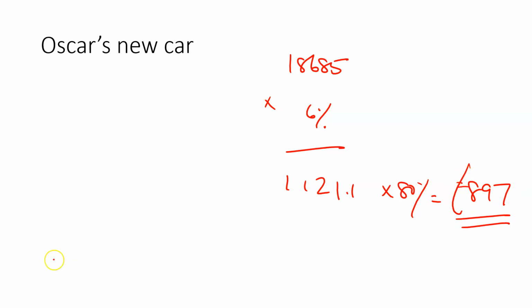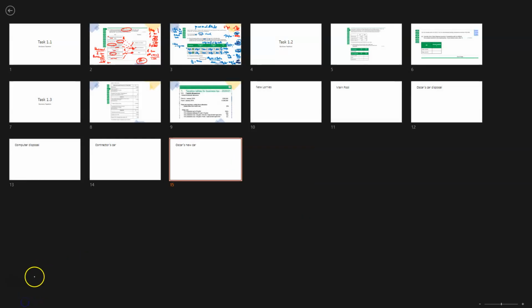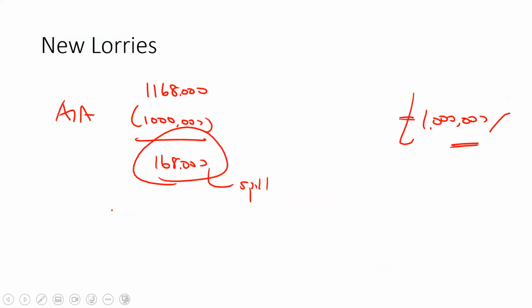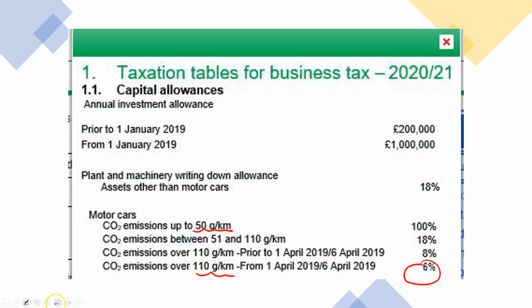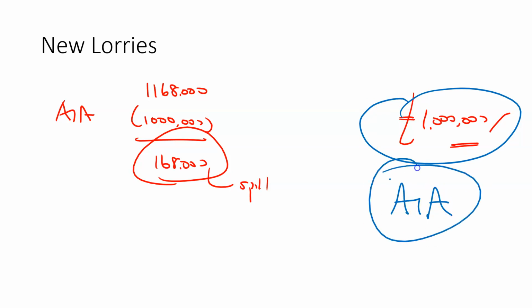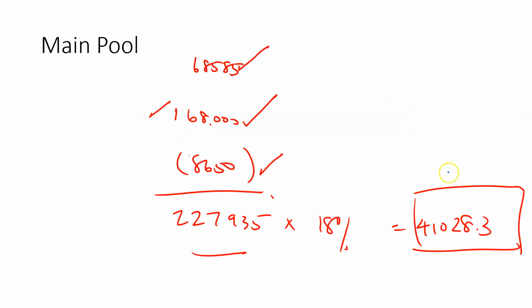So, all the relevant capital allowances. First of all, we have the 1,000 from the AIA. Then we have, of course, the capital allowance from the main pool.